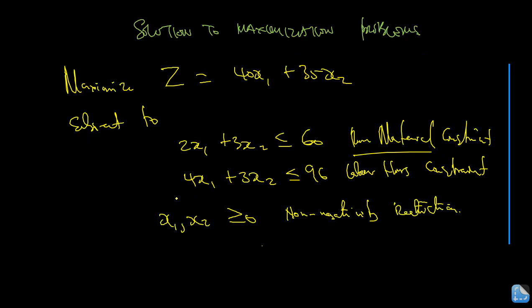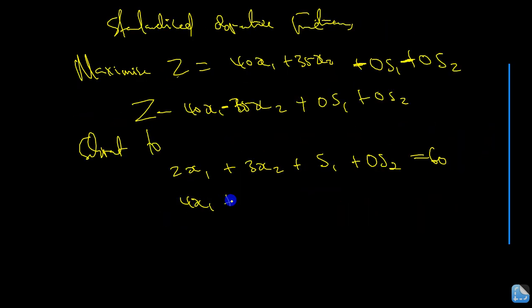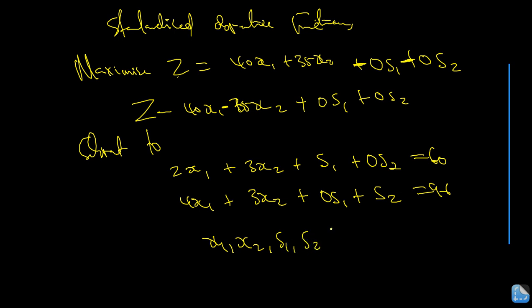Then the second one, 4x1 plus 3x2, there's no s1 here, so it's 0 s1 plus s2. This is the second constraint, equal to 96. Finally, x1, x2, s1, s2 should be greater than or equal to 0. This, ladies and gentlemen, is your first step, standardizing the problem.